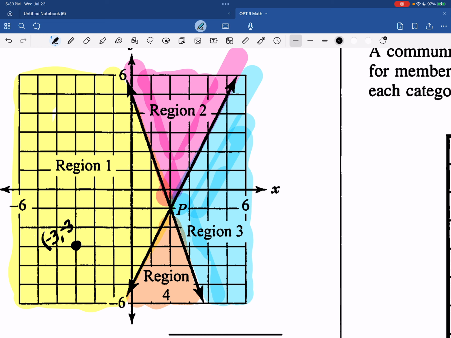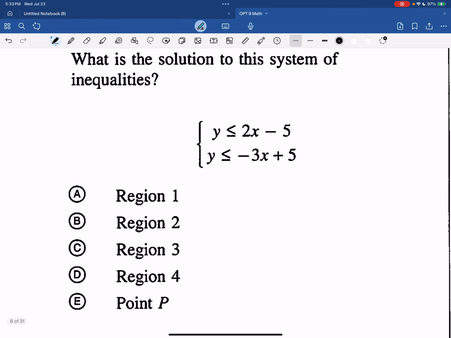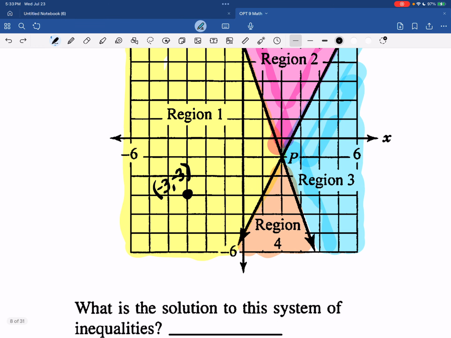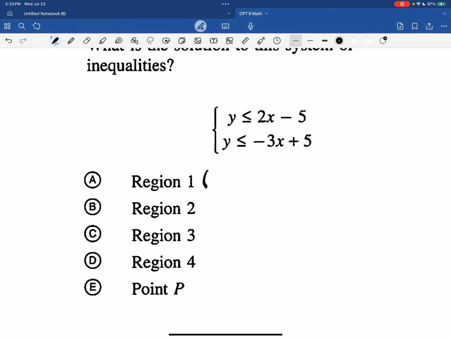You could pick any point in this yellow region, would be fine. For region 3, I'm going to use negative 3. No, I'm in the wrong section, sorry. What region is yellow? Region 1. So I'm going to use (negative 3, negative 3) to test that one.